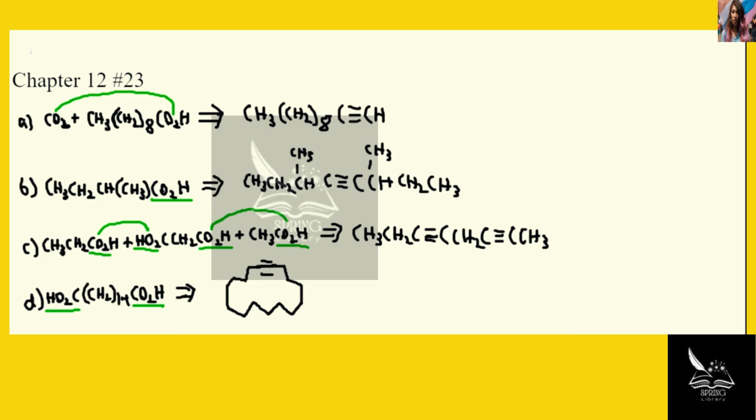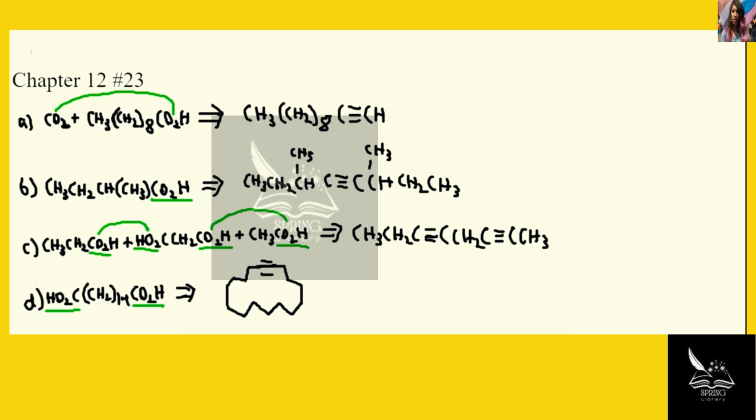Okay, so there we go. There's our 16-membered ring with an alkyne in it. And we know that this has to be the answer because, again, there's only one molecule here, and it has a carboxylic acid on each end. So obviously it was bound to itself. Those two carboxylic acids were the carbons that were participating in an alkyne.